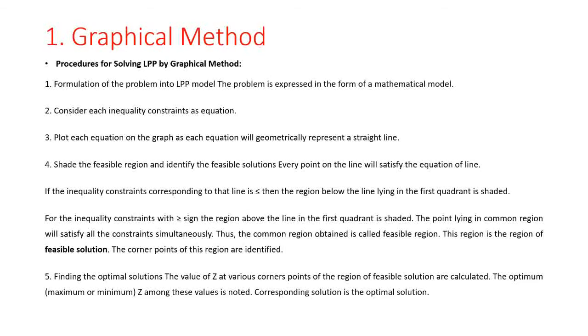Whatever value we get by using the corner points of this feasible region, that value is our optimum solution, and the corresponding solution is called the optimal solution. So this is the simple procedure for solving a linear programming problem by the graphical method.